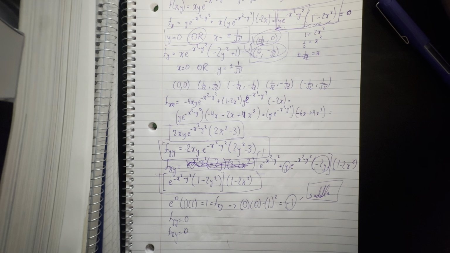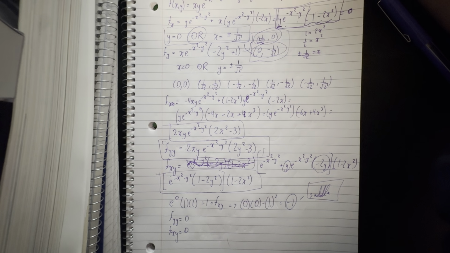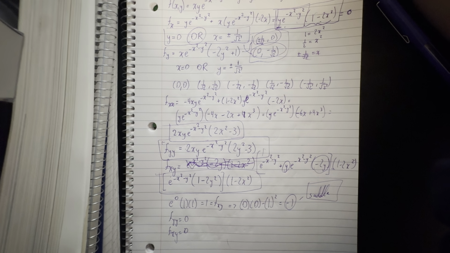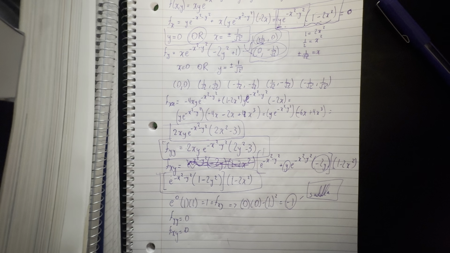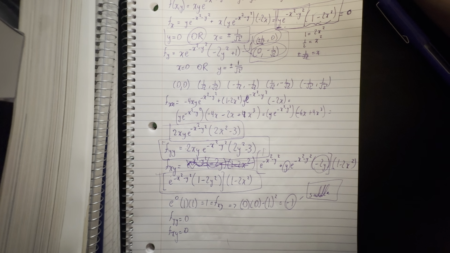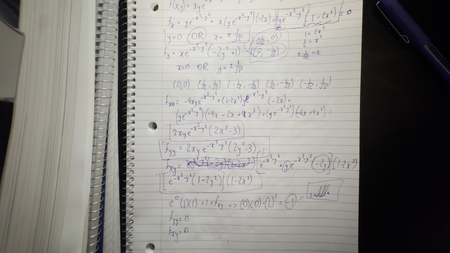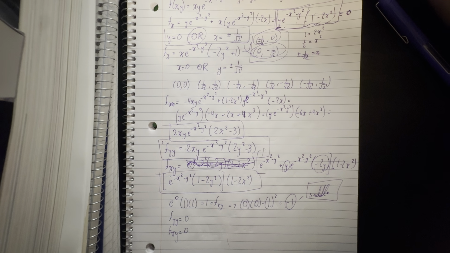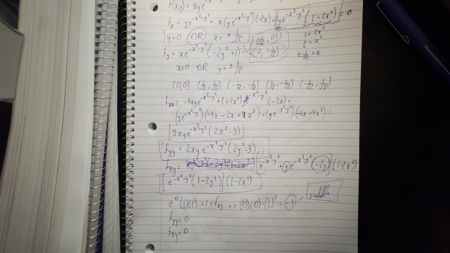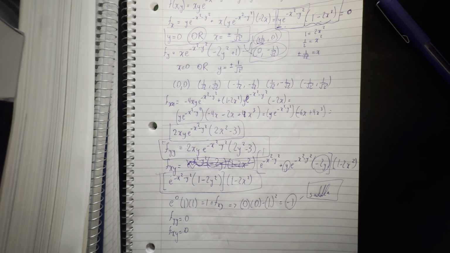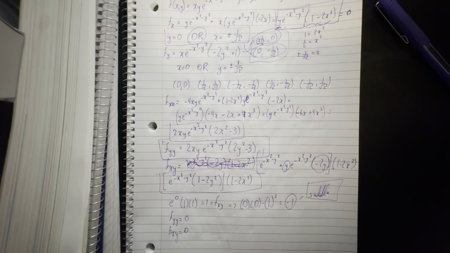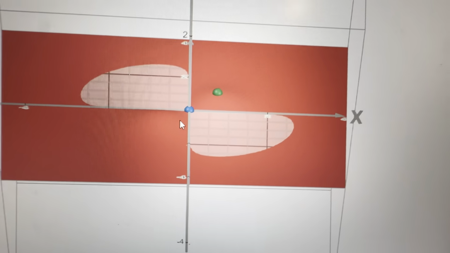Here we'll just do one of the points, one of the 1 over roots. There it is. Okay, so this is the plot. It's kind of like a plane, but it's got some bumps.